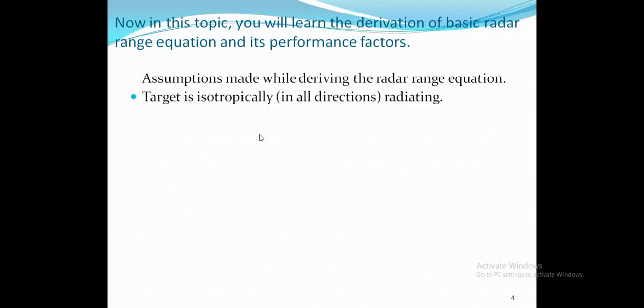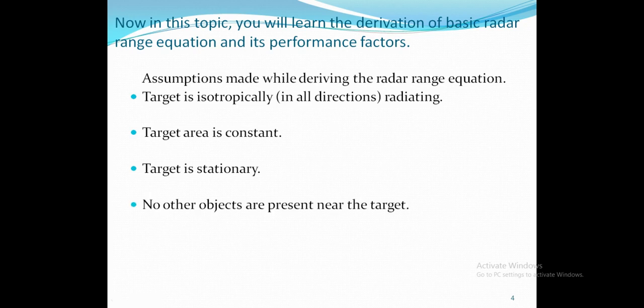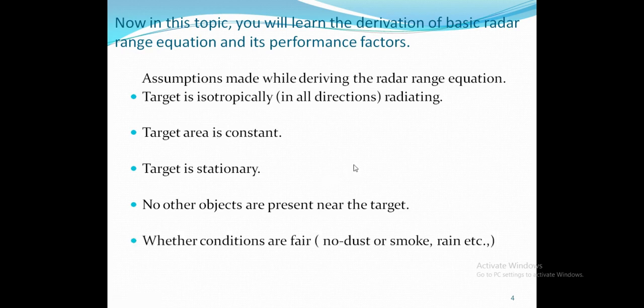First of all, while deriving the radar range equation, we have to assume that the target is isotropically radiating, which means the target radiates in all directions. Next, the target area is constant, the target is stationary, and no other objects are present near the target.